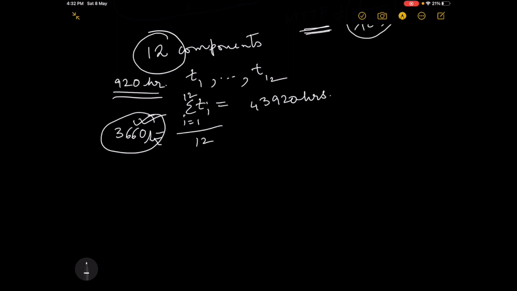The next metric may not be so popularly used, but it could be a measure. It's called quantile.